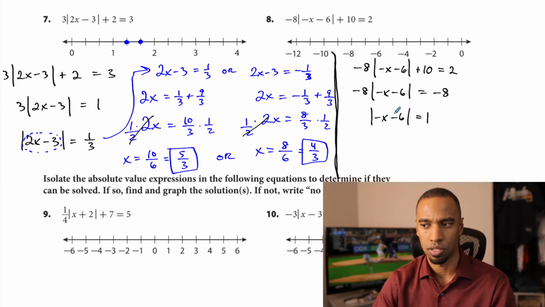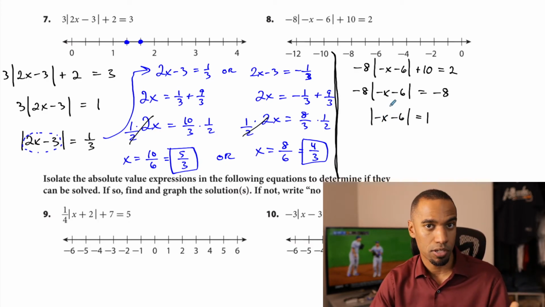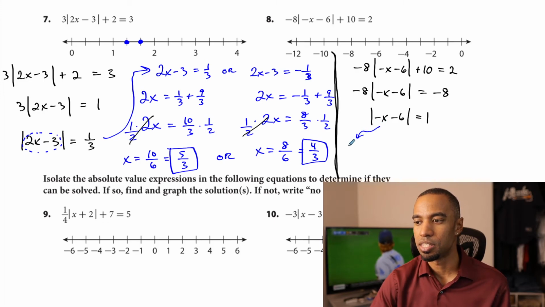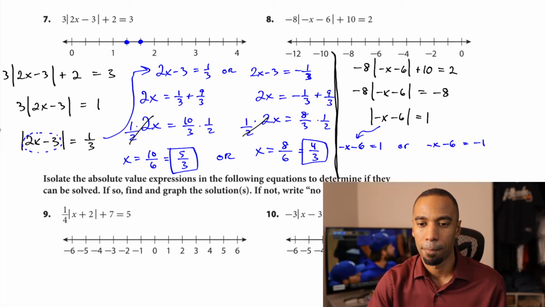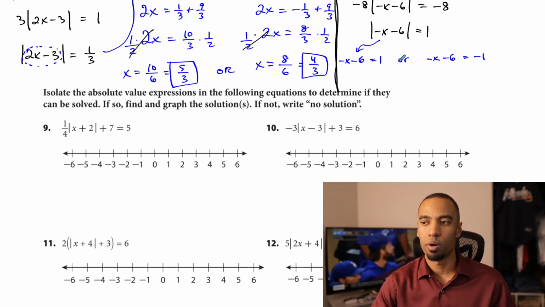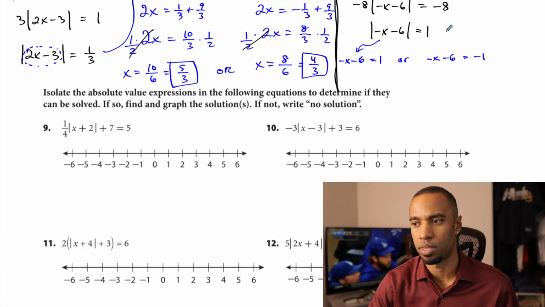Whatever I take the absolute value of becomes 1, so one of those numbers could have been a -1 or a +1, and that's what we're writing. We're writing out the condition that the -x minus 6 expression inside there could be a 1, or the -x minus 6 expression could be a -1. And that's the part that we are solving. We've been doing that the last few problems. I just want to make sure that you know, with all the negatives involved, don't just make them positive. That's not what that means.